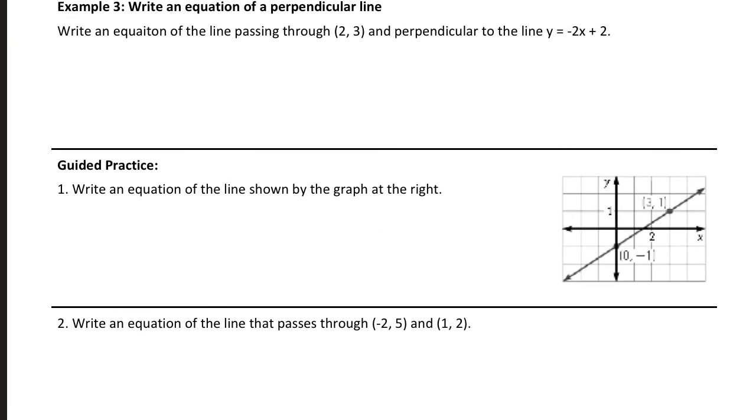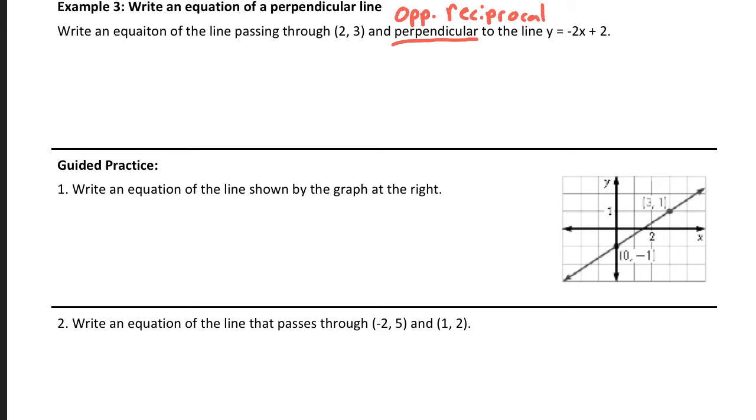Now in this next example, perpendicular. So we're writing the equation of a line passing through this point and perpendicular to the given line. So for this example, we need to know perpendicular means the opposite reciprocal from our last lesson.